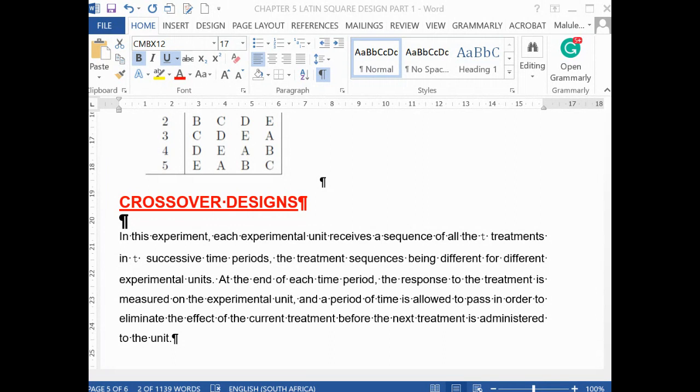Mr. Mabunda, I was saying for crossover design, I will explain how it works, but I won't assess you. I will explain for the sake of knowledge. So this one I will explain, but don't expect it in any of our assessments. I won't ask it. But it's necessary for you to know because you never know where you'll be going tomorrow.